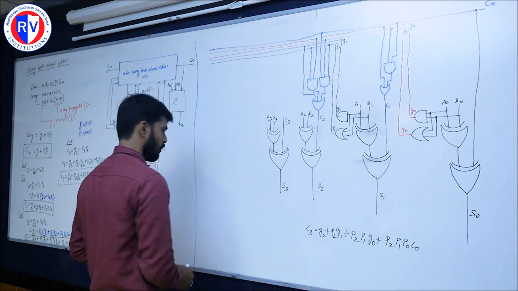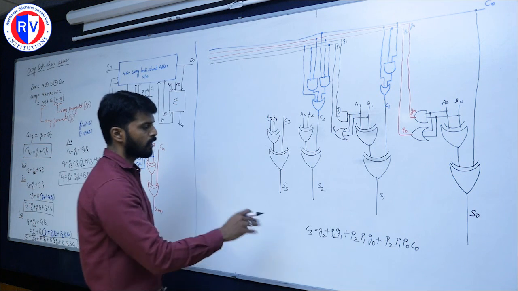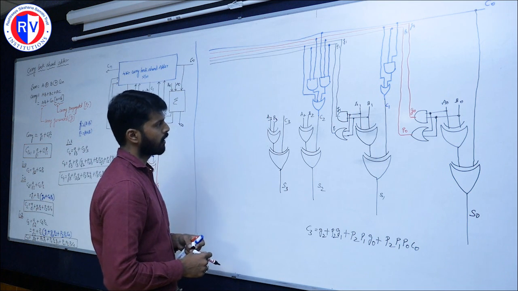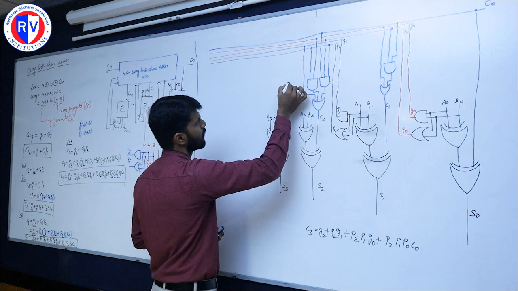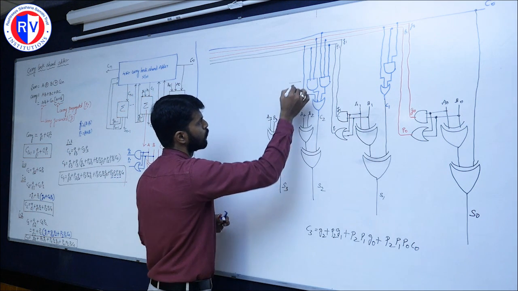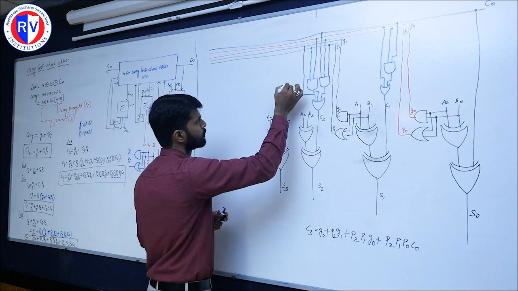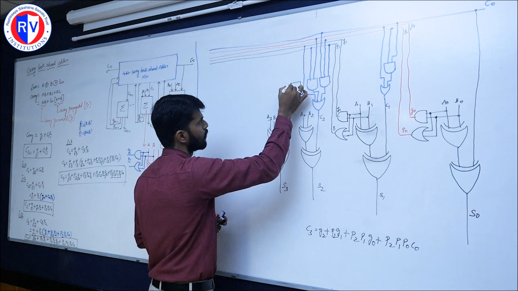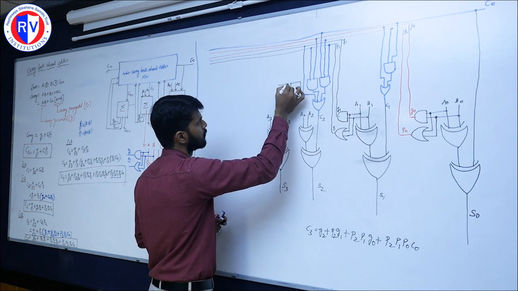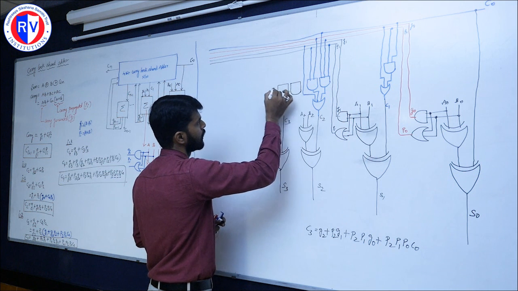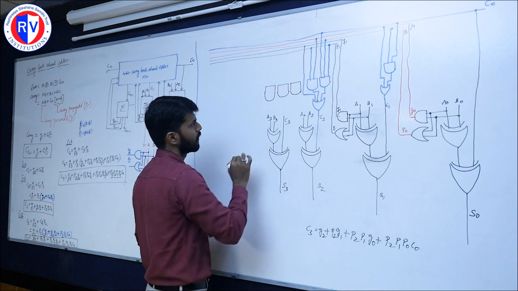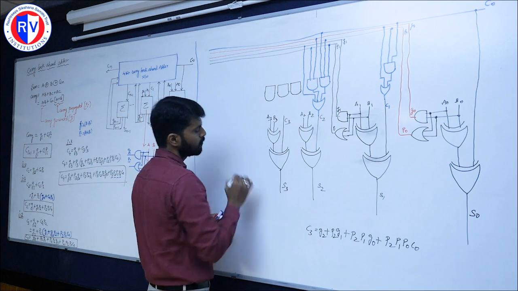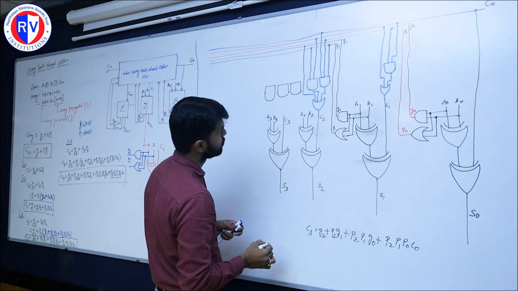into C0. So here we need 4 AND gates and 1 OR gate. So here what I will do, the same one, now I will connect 4 AND gates. I will take one AND gate, second AND gate, and the third AND gate is required. And now here I need to make a connection.